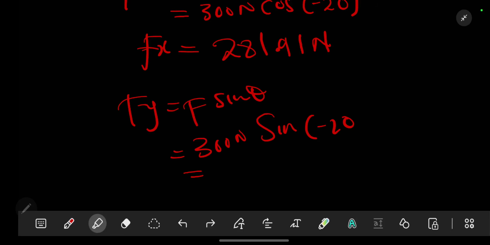This gives us a negative 102.61 newtons. So this is the force in the y.